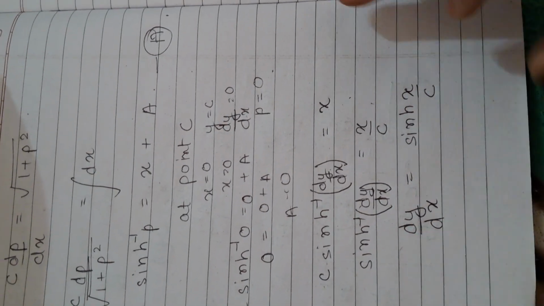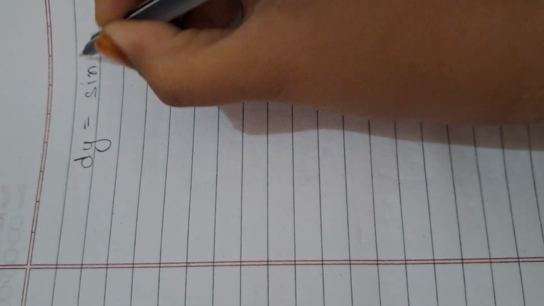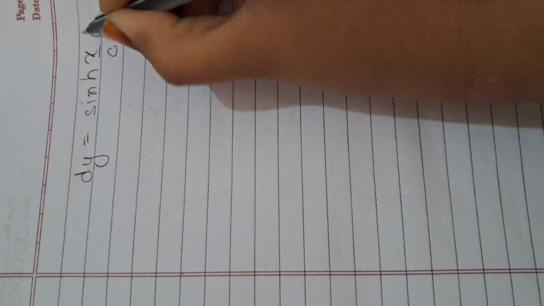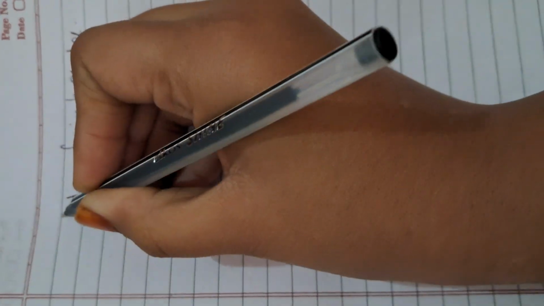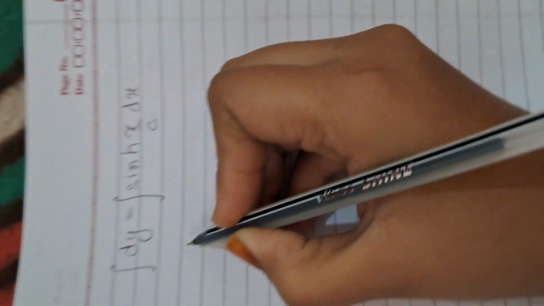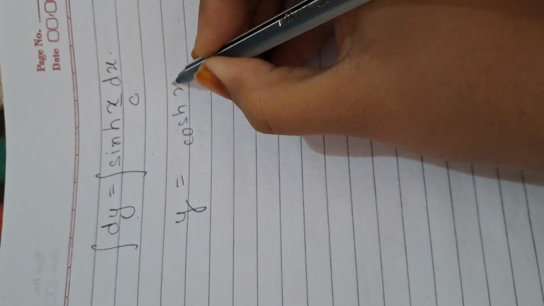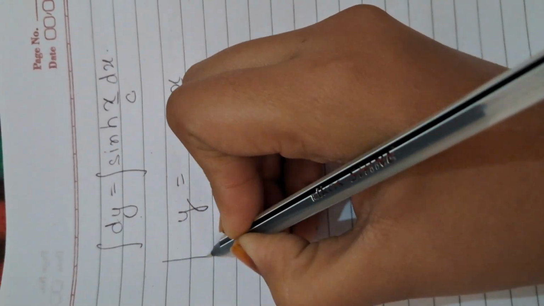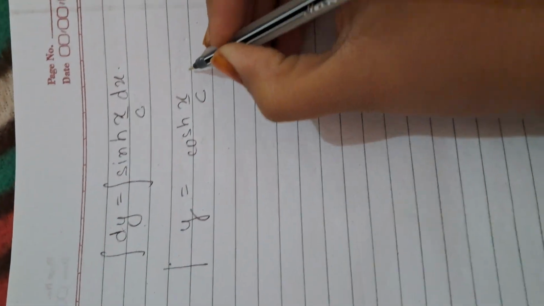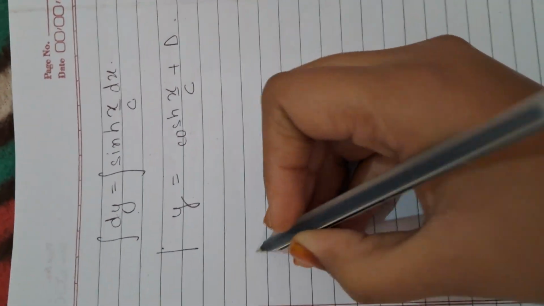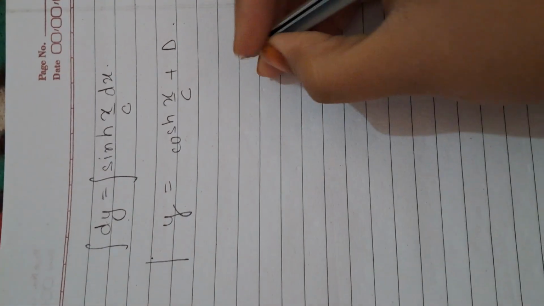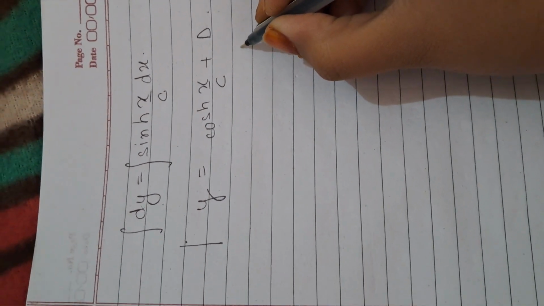Again sending dx this side, we get dy equals sine hyperbolic x by c dx. Now integrating both sides, the integration of dy is y, and the integration of this will be cos hyperbolic x by c, plus a constant, let the constant be d.